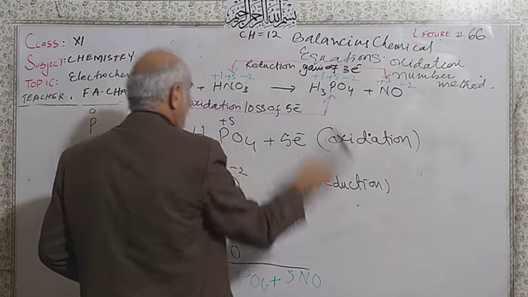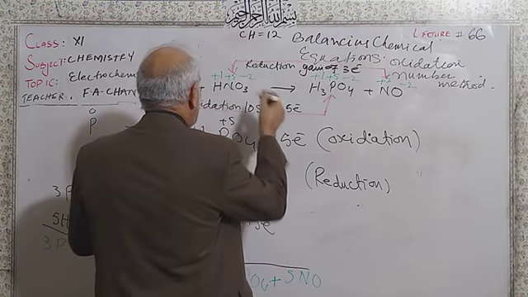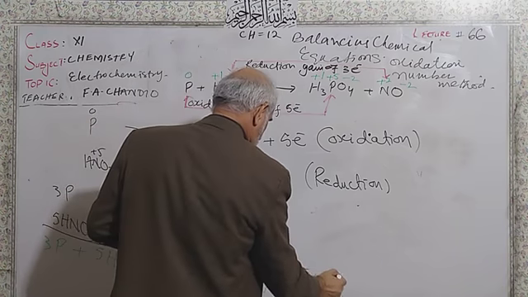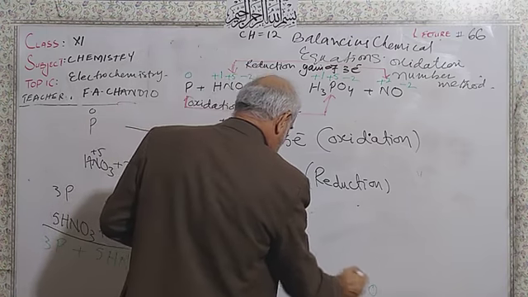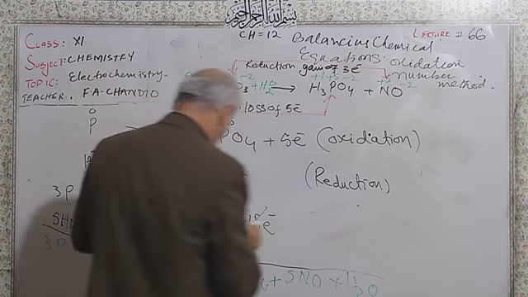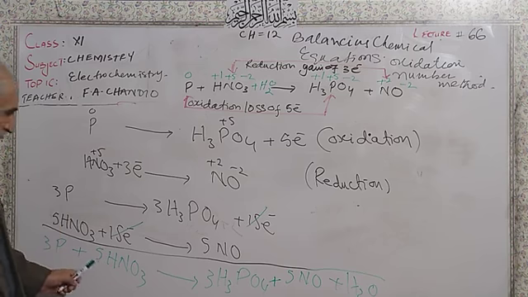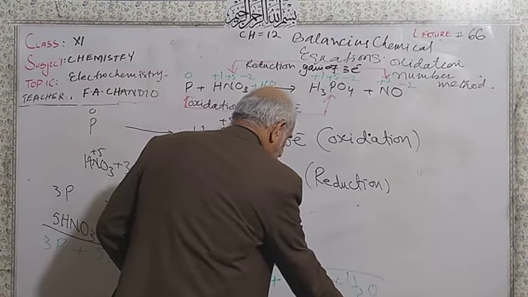We forgot here to write the water because it's not going to participate. In the main equation, there is also water. So now you can balance. There are how many water is on the reaction side?